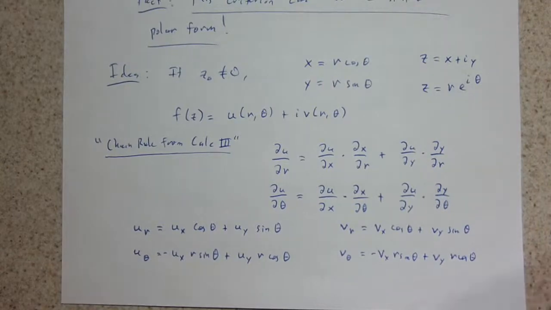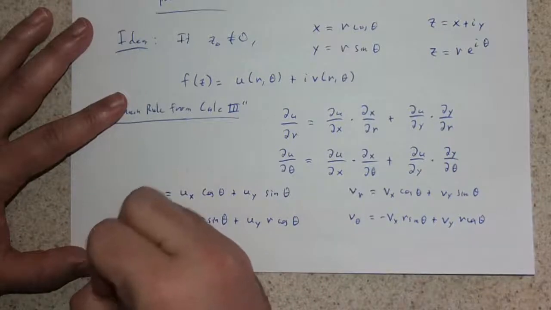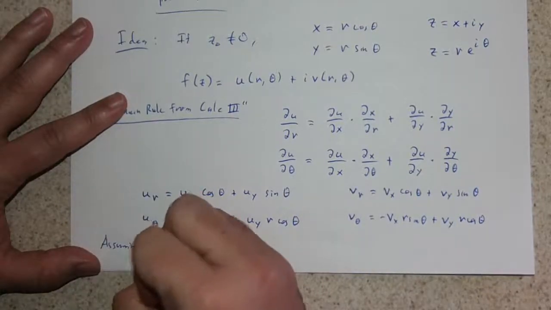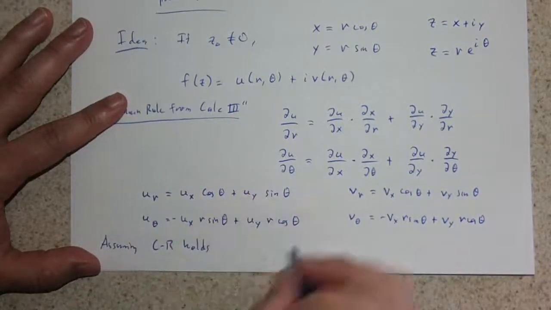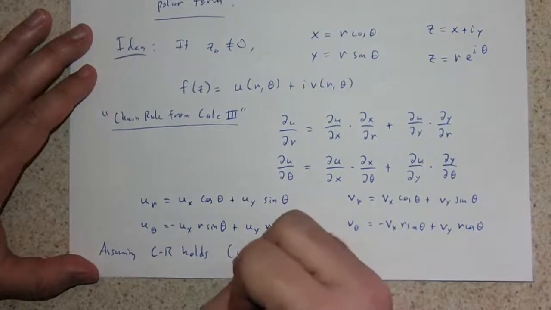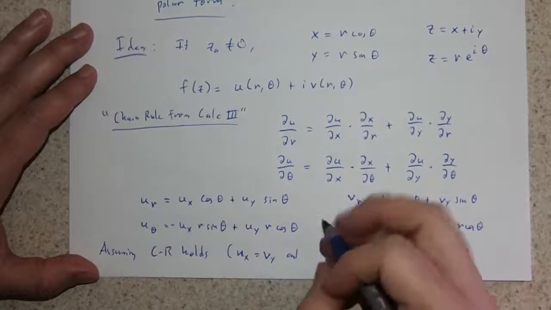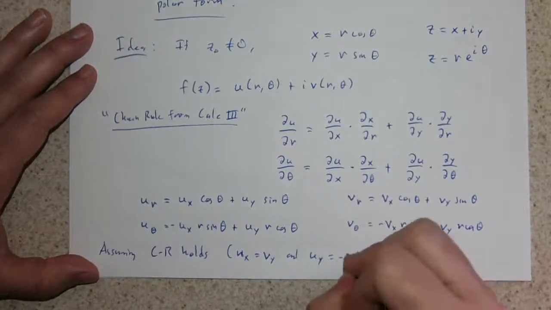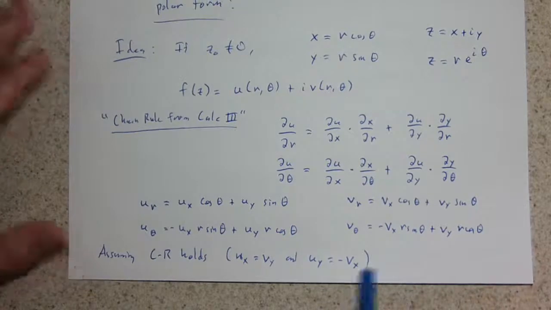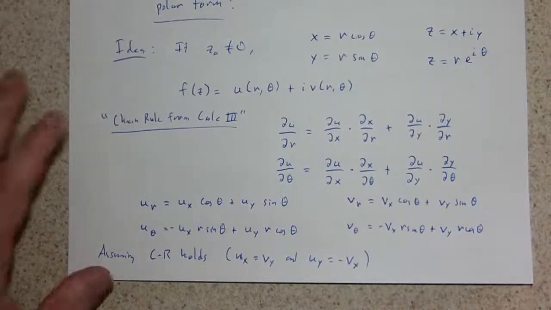Then what happens if, assuming Cauchy-Riemann holds, recall Cauchy-Riemann means that u sub x is equal to v sub y, and u sub y is equal to minus v sub x. I can actually alter these expressions slightly.